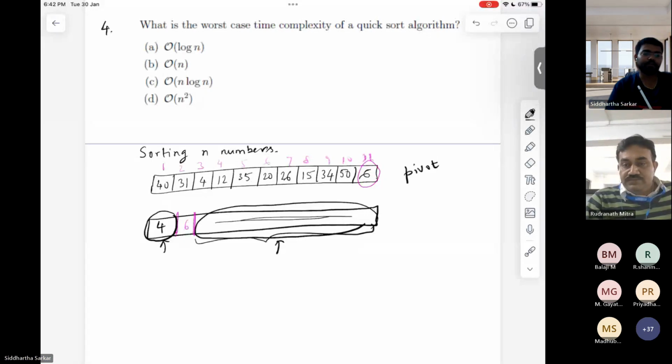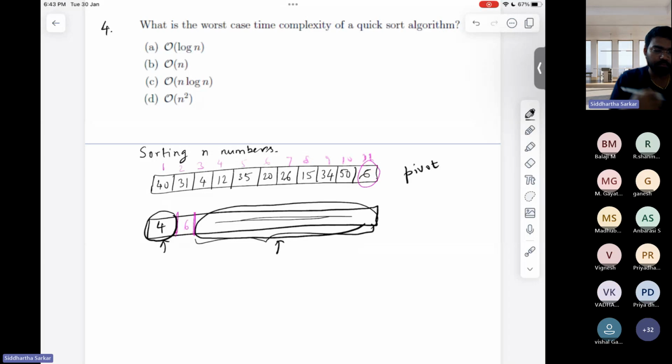The pivot lets you divide the array into two parts: one part consisting of the numbers less than the pivot, and the other part consisting of the numbers greater than the pivot.